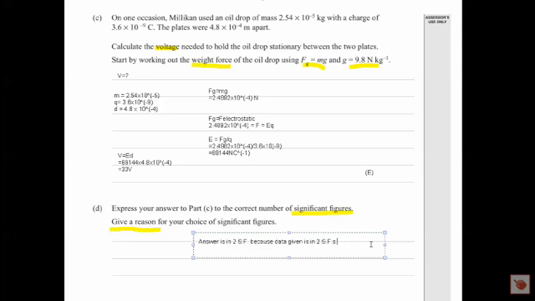So sorry, the answer is in 2 significant figures because the data given right here in particular and right here, those are only 2 significant figures.